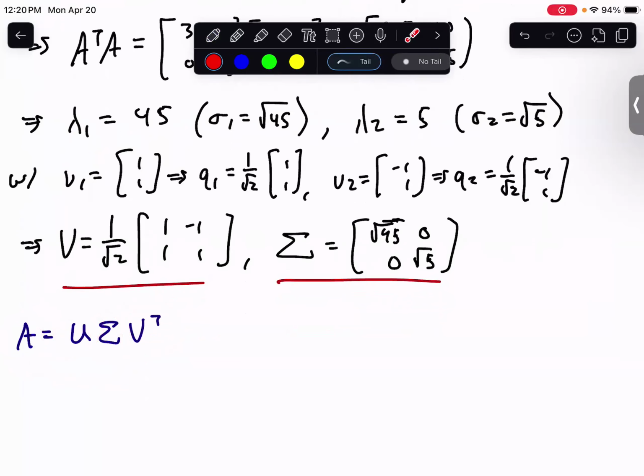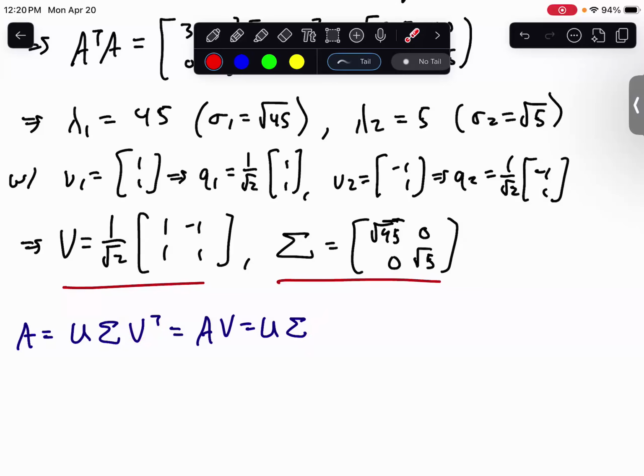If you multiply both sides by V, that tells you that A times V is equal to U times sigma. Again, V is an orthogonal matrix, so the transpose of V is equal to its inverse. So if you multiply V transpose by V, they cancel out with one another, which is why there isn't a V on the right-hand side.